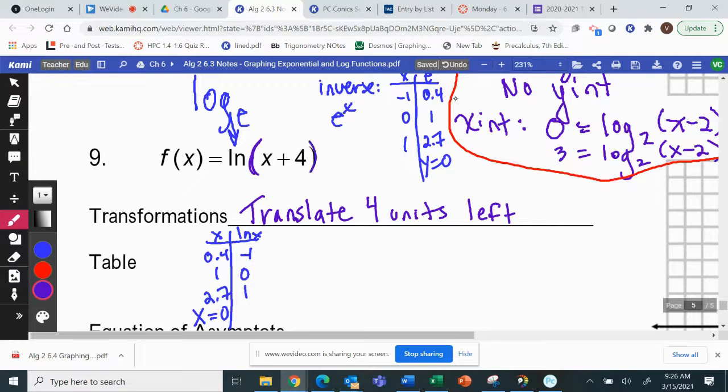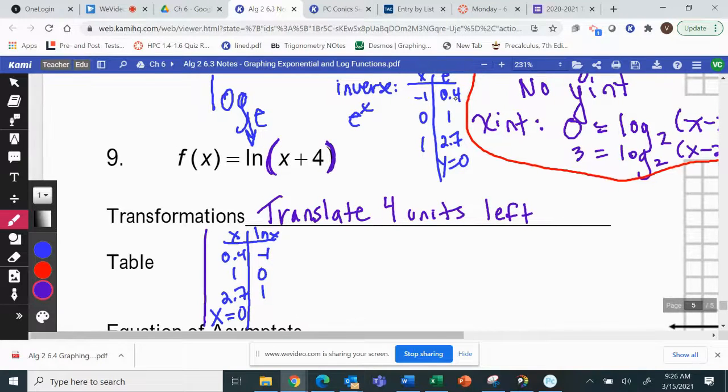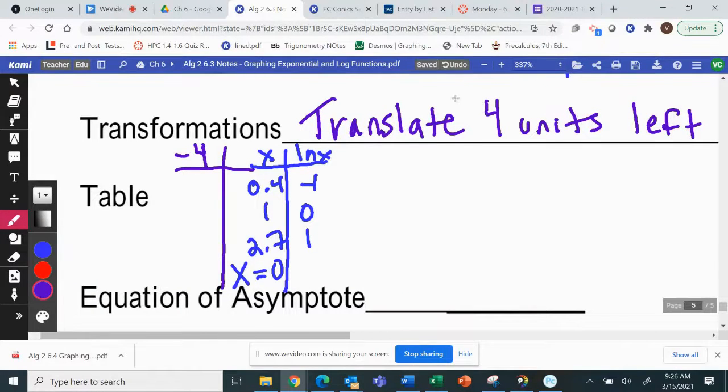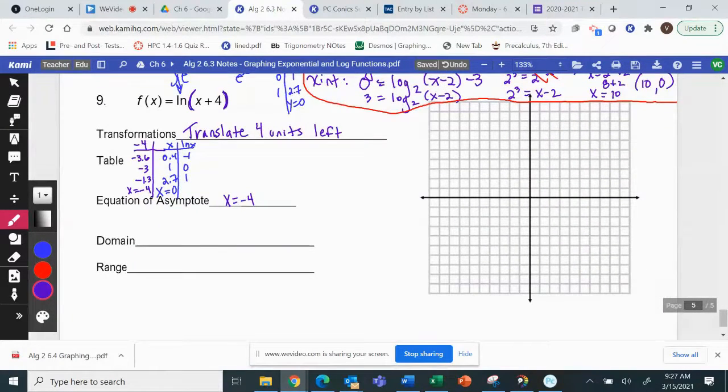It's got those parentheses. So on my table, I'm going to go to the x side and subtract 4. So negative 4 and 0.4 is going to be negative 3.6. This is okay to put a decimal for this one because it started in decimal. Then we've got -3, and then 2.7 will be -1.3. x equals 0, I can subtract 4 and get x equals -4. So that is my asymptote, x equals -4.